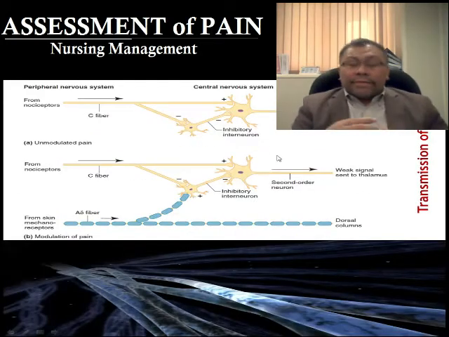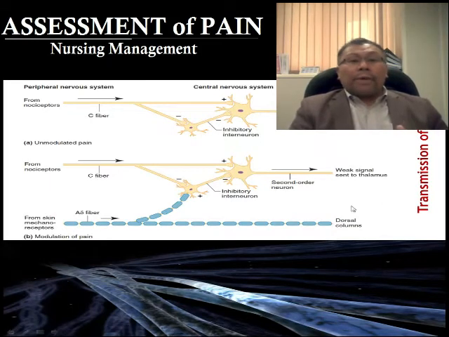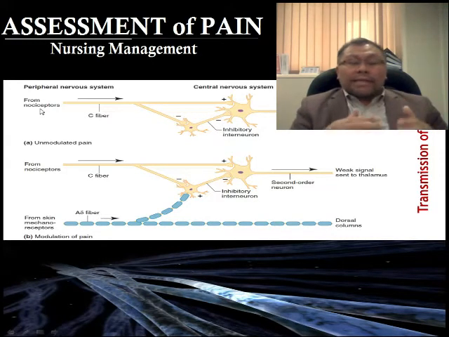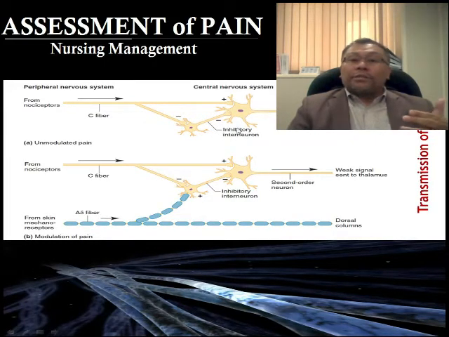So we have the diagram of how the transmission of pain goes from the peripheral nervous system to the central nervous system. If that came from the nociceptors, it will transmit through the fiber going to the inhibitory interneuron, then the second order neuron, and then a strong signal is sent to the thalamus. The thalamus will be the one to make interpretations and give meaning.